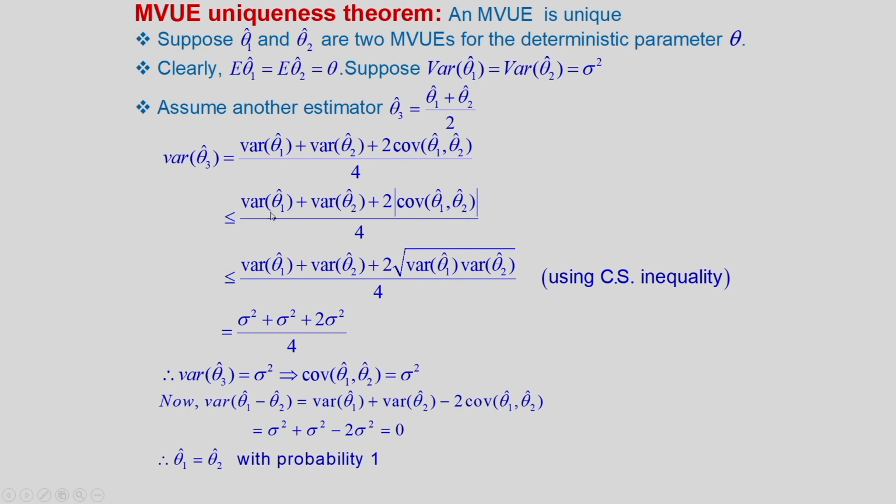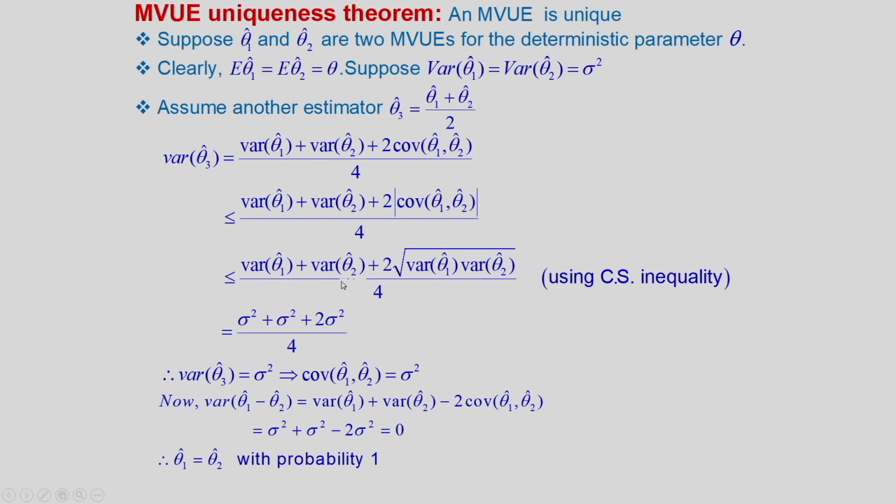Now, we will apply the Cauchy-Schwarz inequality. Then this expression will be less than or equal to variance of theta 1 hat plus variance of theta 2 hat plus 2 times square root of variance of theta 1 hat into variance of theta 2 hat, because the magnitude of the covariance of theta 1 hat, theta 2 hat is less than or equal to the square root of variance of theta 1 hat into variance of theta 2 hat.